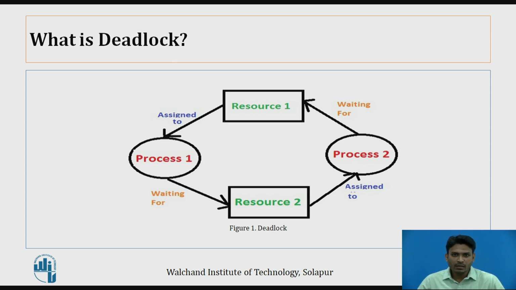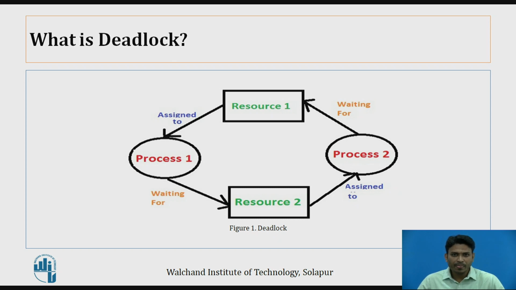Again, resource 2 is assigned to process 2 and process 2 is waiting for resource 1. So resource 1 is already allocated to process 1 and resource 2 is already allocated to process 2.